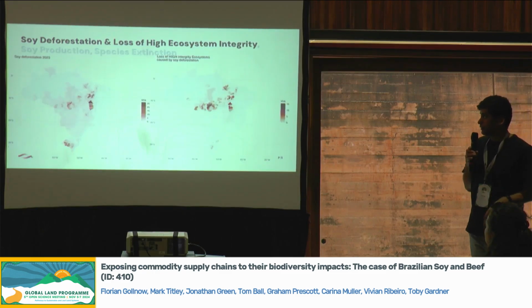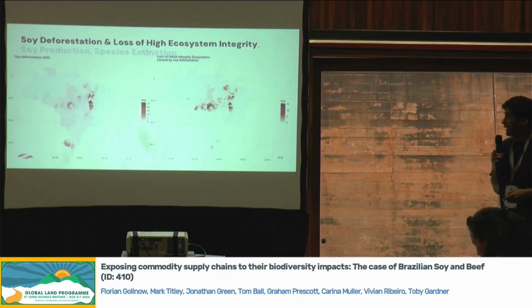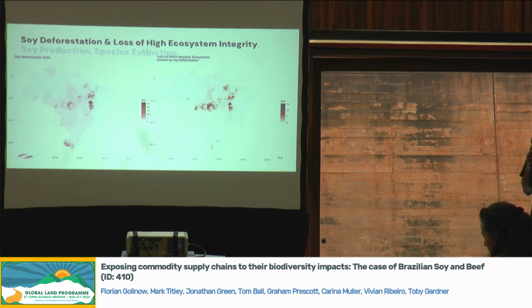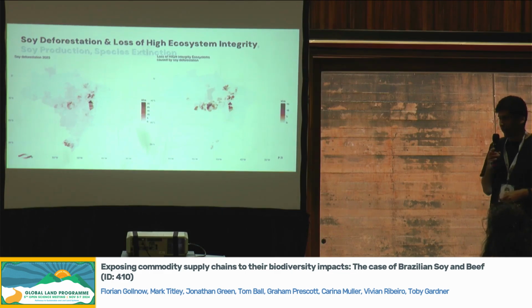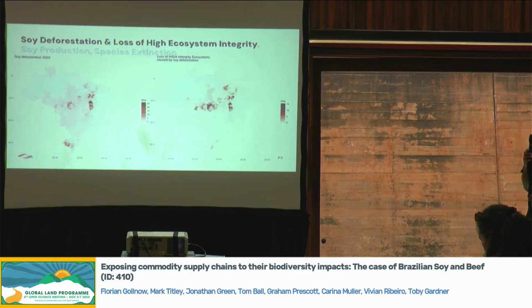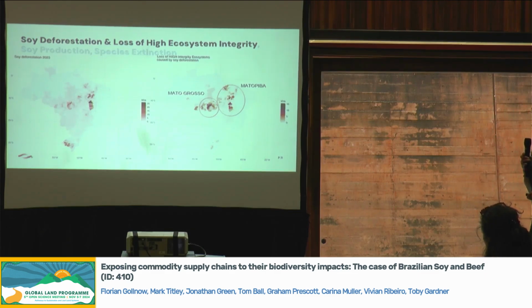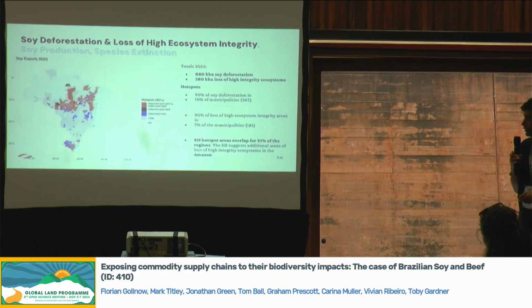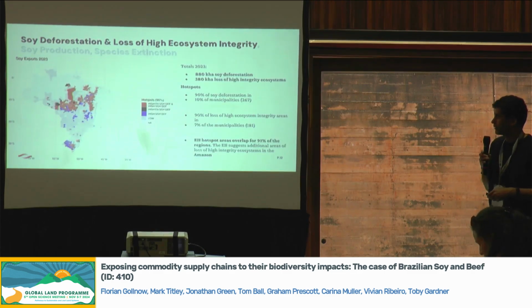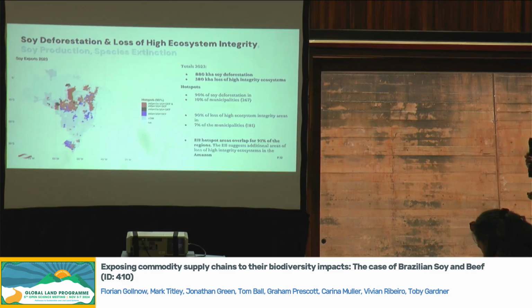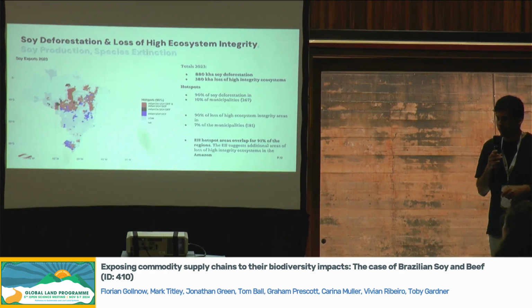And then when we go to the high ecosystem integrity areas, we see different areas compared to the extinctions, where the Matopiba region and the Amazon region in Mato Grosso are particularly highlighted. And again, when we look at the totals, we can calculate that 380,000 hectares of high integrity areas are lost, which is around 40% of the soil deforestation areas.